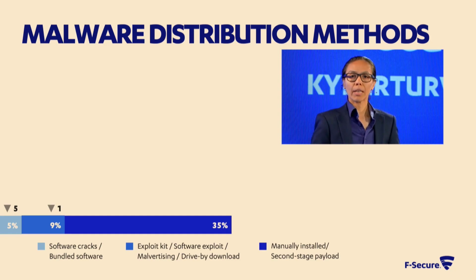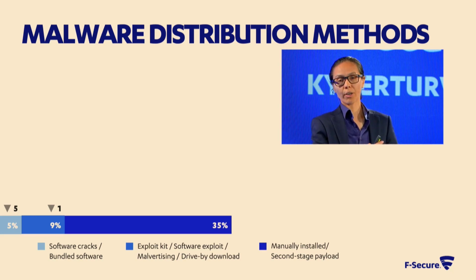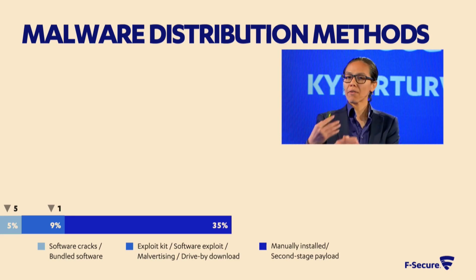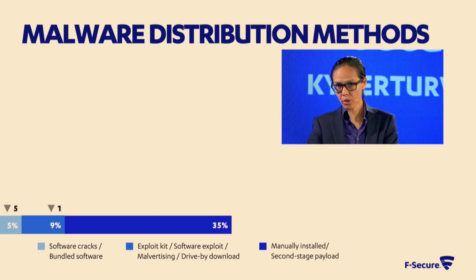So a very common example of this today is open RDP ports that are exposed to the internet that are being used by the bad guys in order to infiltrate the network. And once they get in, they move from one device to another through a method called lateral movement. And then once they find the device where they want to install the malware, then they deploy the payload there. So that's manual installation of payloads.